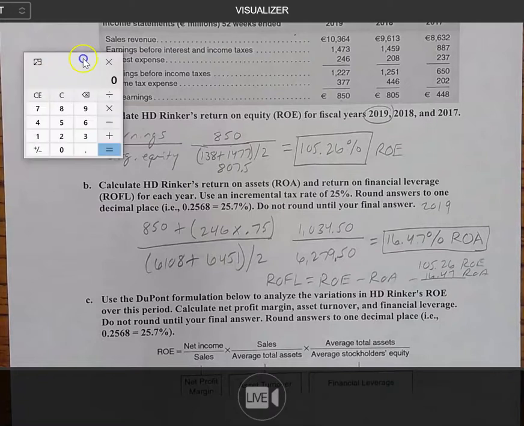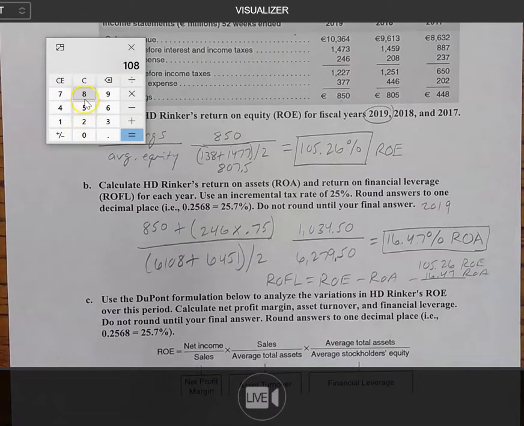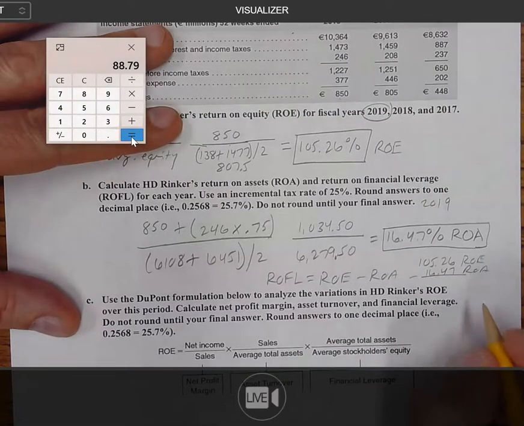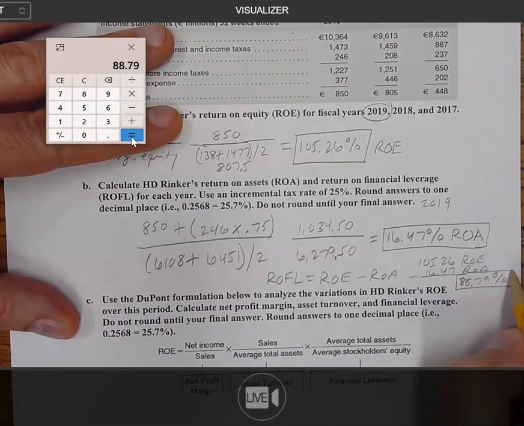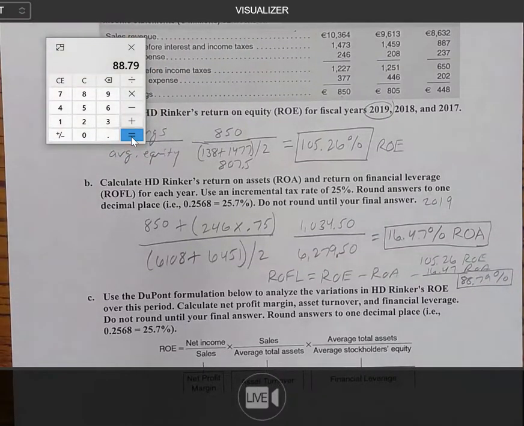Calculator back over here. 105.26 minus 16.47 equals 88.79. 88.79%.